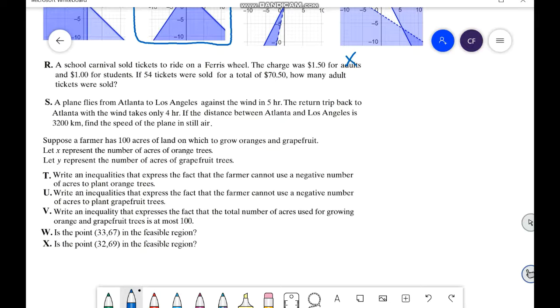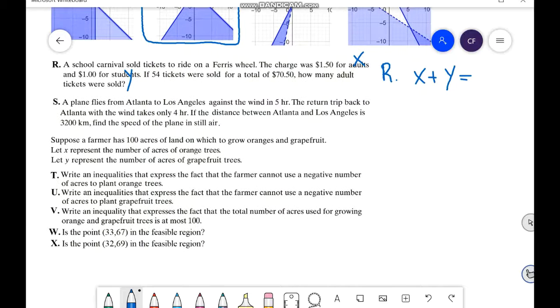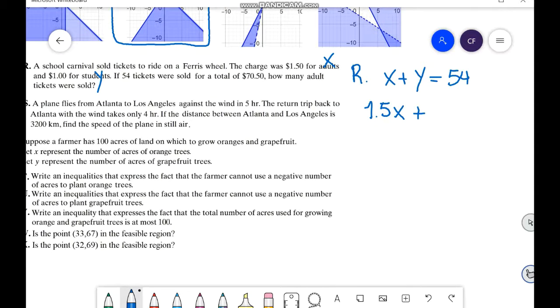Let's say x is the number of tickets for adults and y the number of tickets for students. Then we know that x plus y is the total of tickets sold, 54 tickets. And $1.50 is the price of the adult tickets, and $1 is the price of the student ticket, the y.